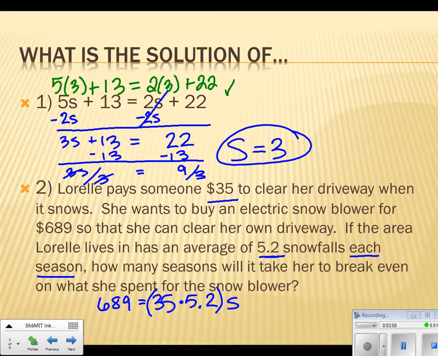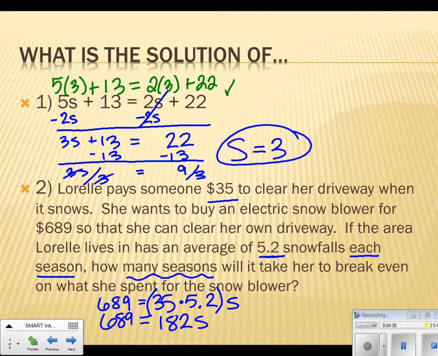So it's 35 times 5.2 times s, which is what she would be spending, and she wants to know when that is the same as $689. So now 35 times 5.2 gives you a total of 182. So 182 times s. Once again, it's seasons. How many seasons is it going to be till she breaks even?